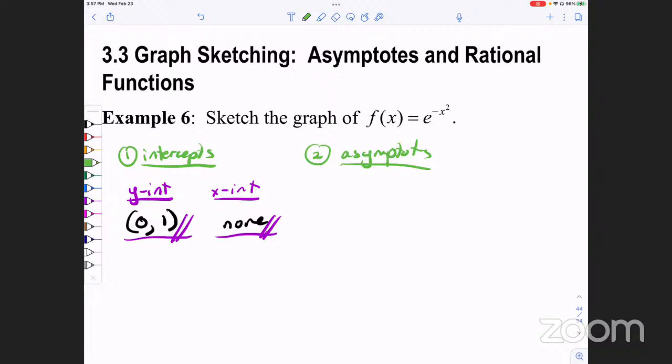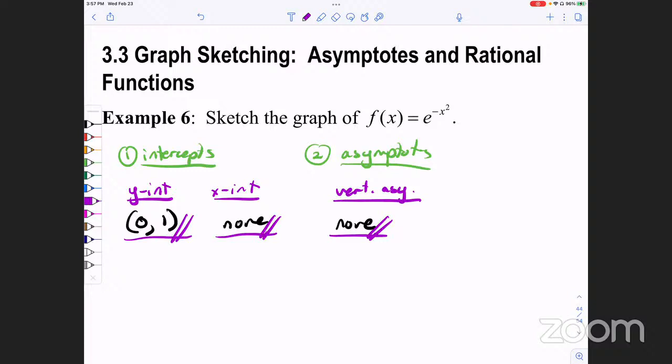So for the vertical, I'm gonna say that there's none there, because we're dealing with exponential. But exponentials generally have a horizontal.